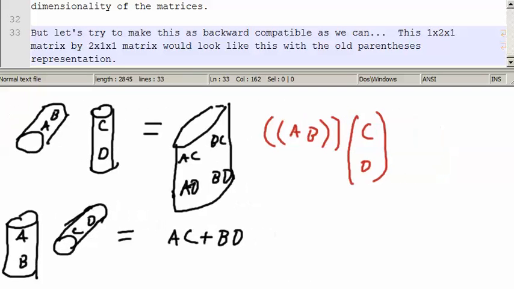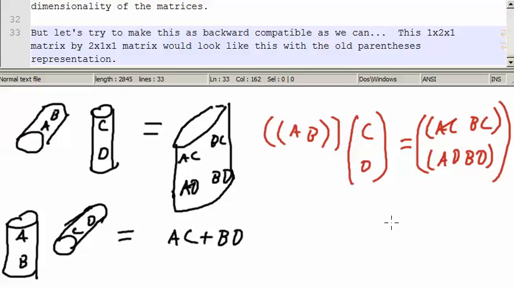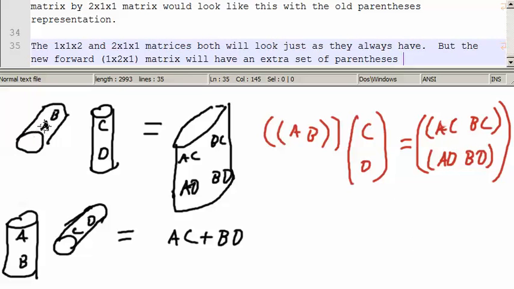And then the 2 by 2 by 1 would look like AC, BC, AD, BD. So the 1 by 1 by 2 and 2 by 1 by 1 matrix will look just as they always have, but the 1 by 2 by 1 will have the extra parentheses.